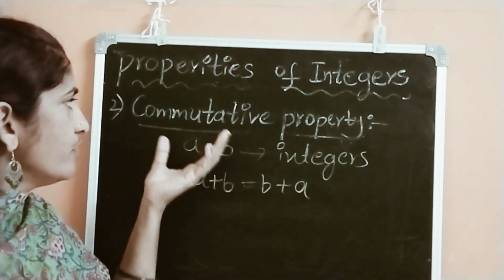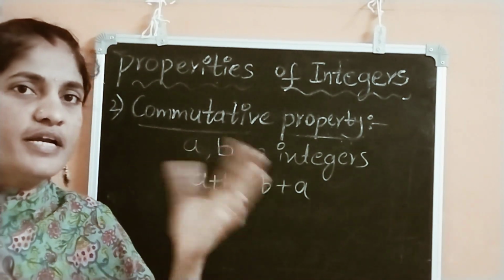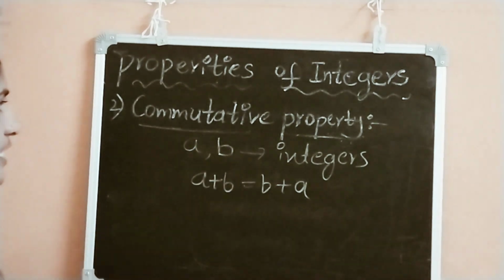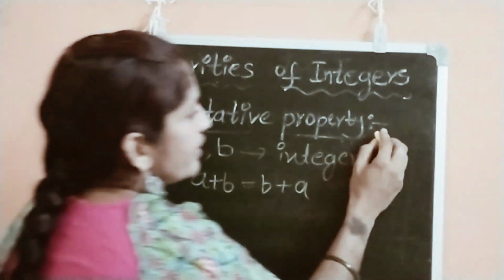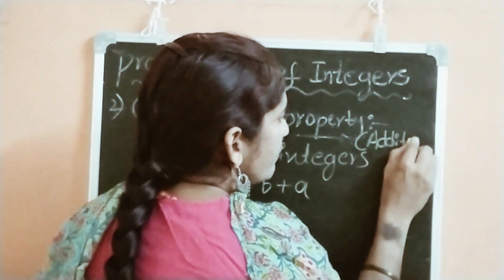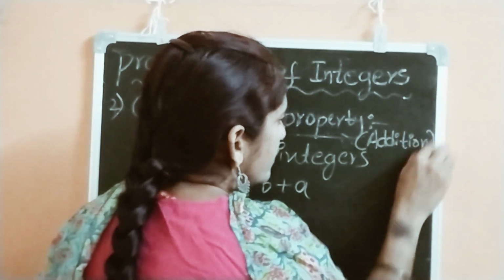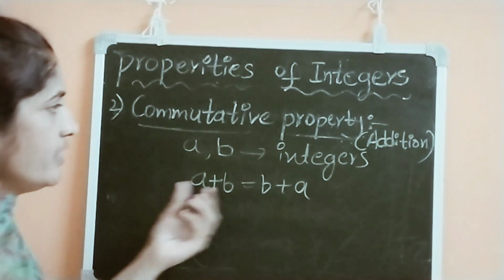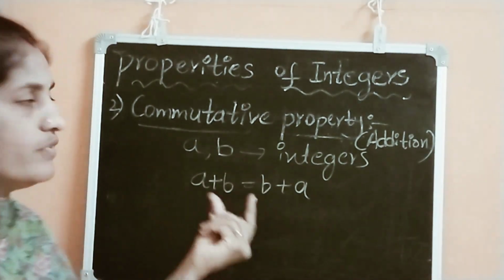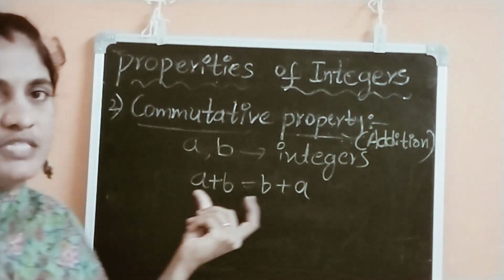By taking an example, we are going to confirm the commutative property under addition. If we take a, b as integers, a plus b is equal to b plus a, and we are going to confirm this equation.